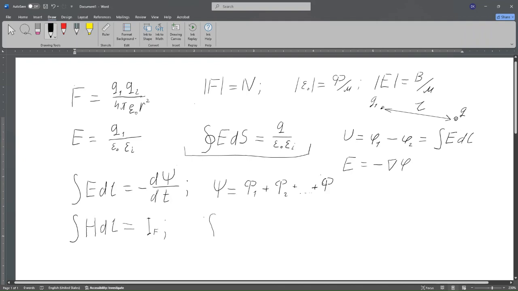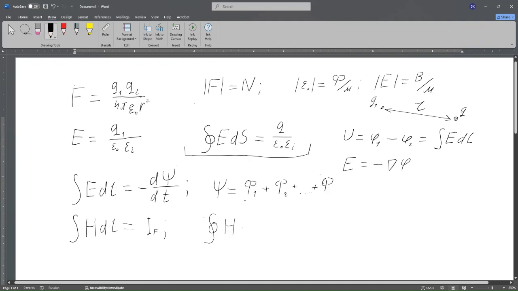It is like the integral along the surface of B dS, sorry, I must fix it.